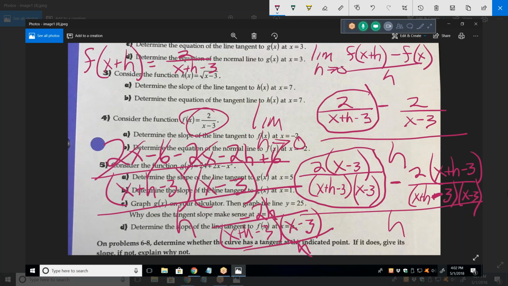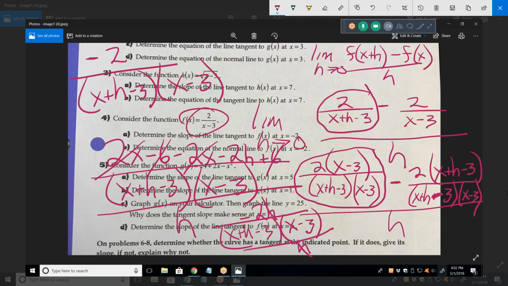Final answer. Here, let me figure out how to write this. The only thing I don't like about writing on top, I don't have enough room, especially with calculus. So my final answer is minus 2 over x plus h minus 3 times x minus 3.